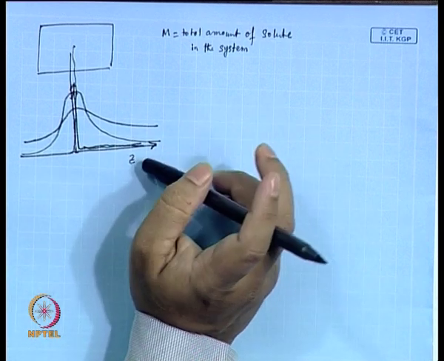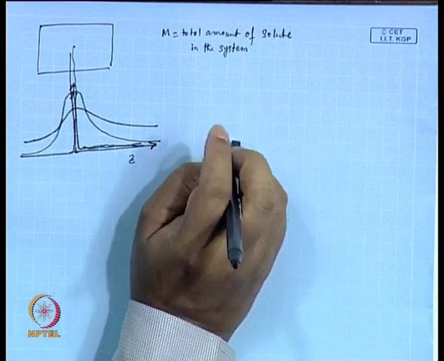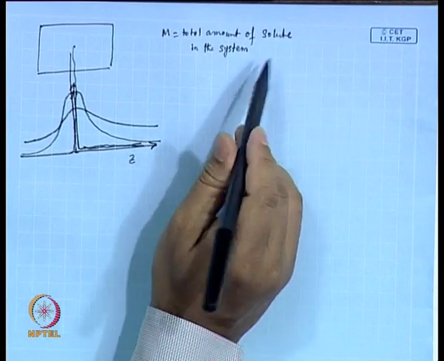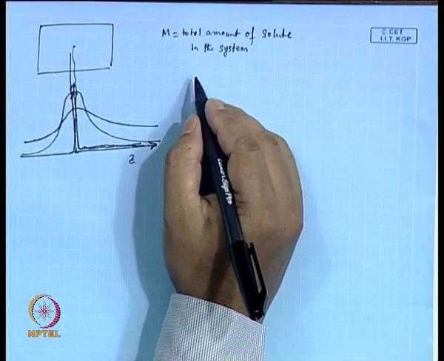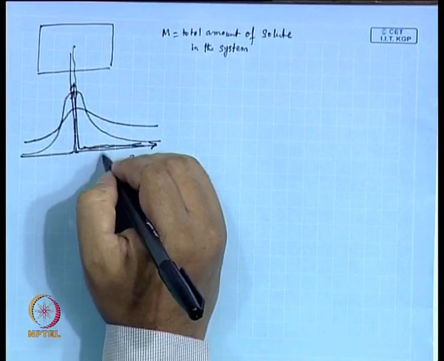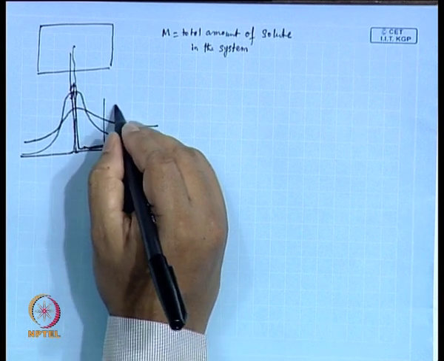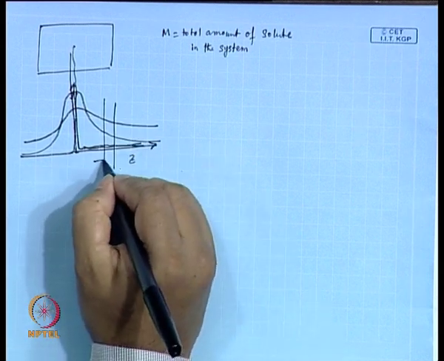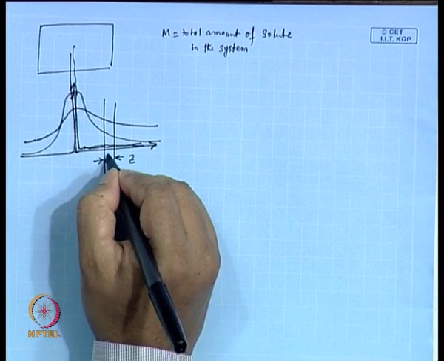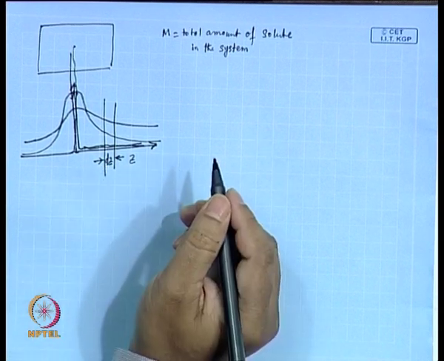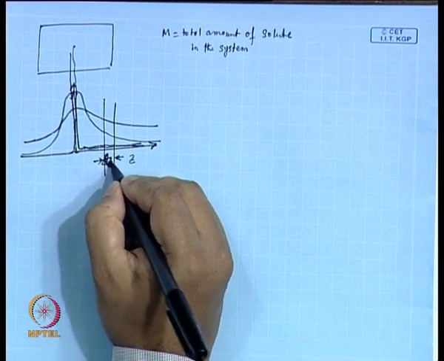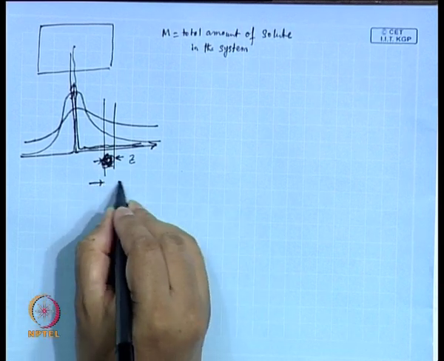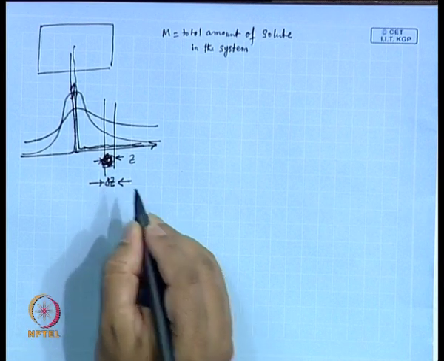Now, if you write the mass balance on a differential volume, how would that be? Suppose you pick up at some distance z a differential length delta z. Let us develop this from scratch. So, you are picking up a distance delta z.